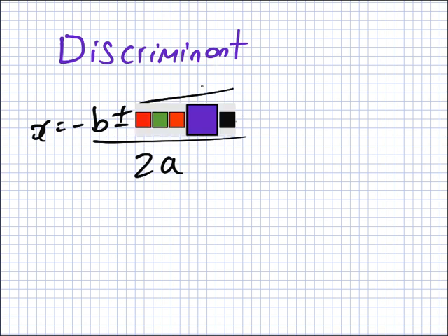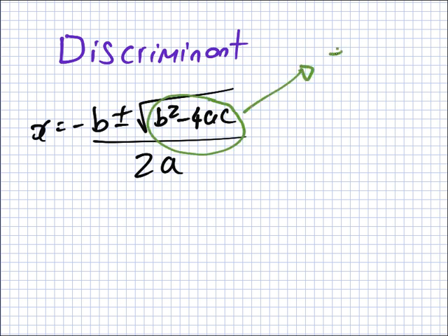If this piece here was a positive number, then you have two answers. For example, plus or minus the square root of 9 means plus or minus 3. So if this was positive, you'll get two answers. But what would happen if it was a 0? One answer, because plus or minus 0 is the same thing, right? So that's only one answer.